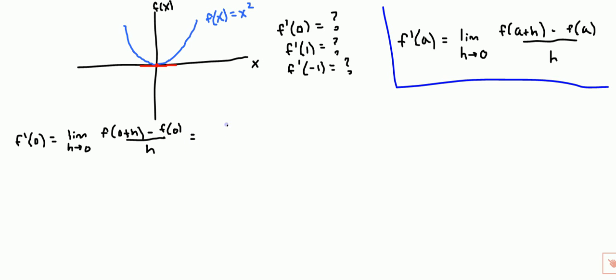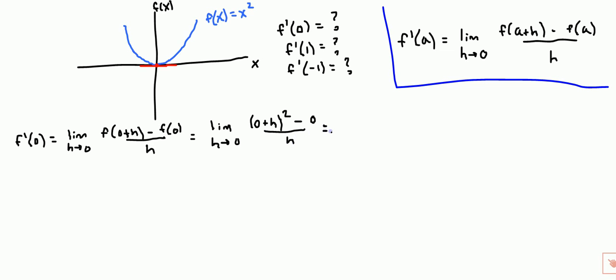Now we plug in 0 plus h. Remember, f of x is x squared, so 0 plus h squared, minus f of 0. Well, f of 0 is 0 squared, so that's 0, all divided by h.